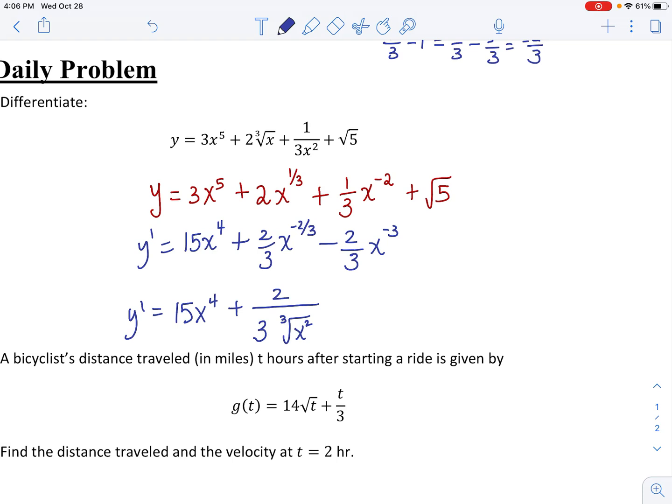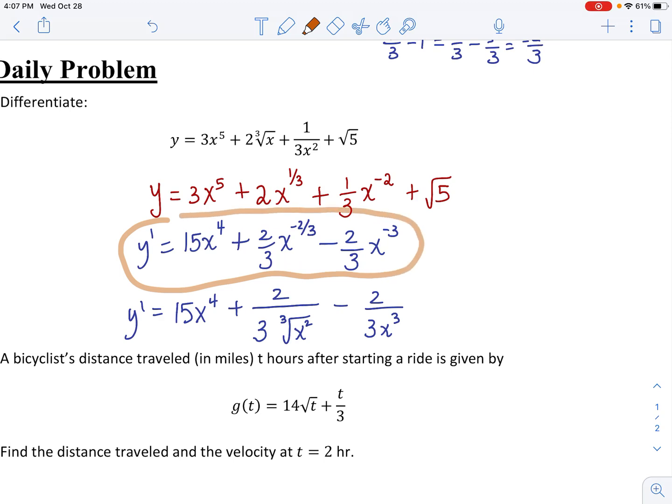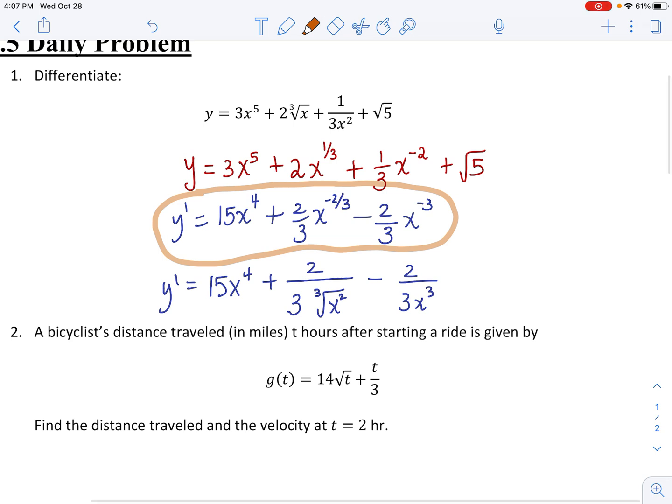And the next one will be 2 over 3 times x cubed. I think this one is better. So just leave your answer in either exponential or radical forms, but you can really stop at this point. That's looking really good.